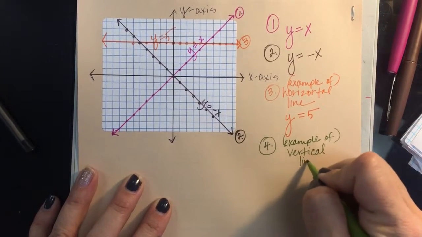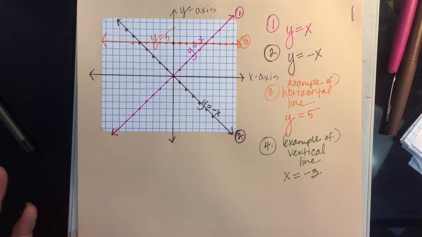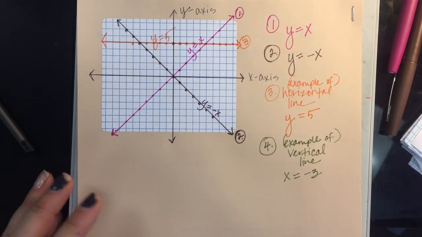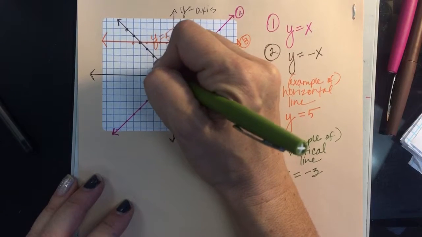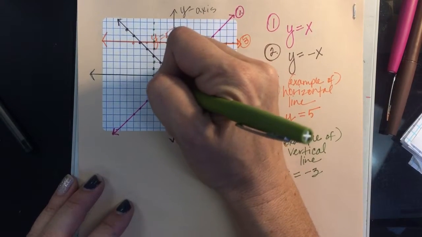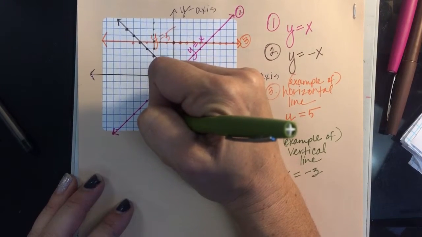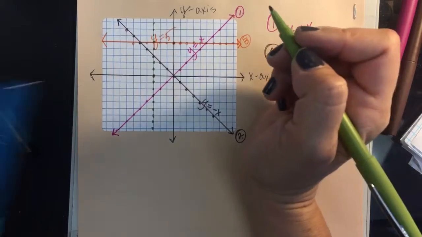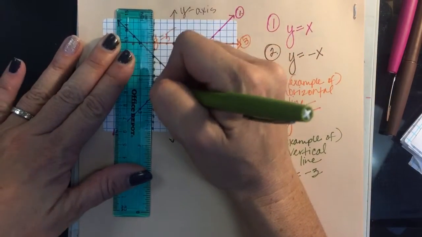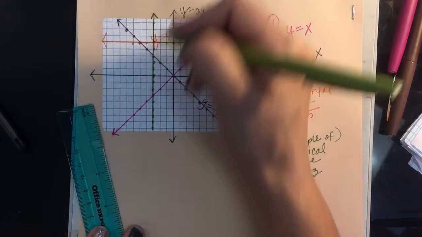A vertical line is going to be an x equals, let's drop in x equals -3. So I'd go to the x-axis at -3, and it doesn't matter if I go up or down, x is always -3. Every single vertical line is going to be an x equals equation.